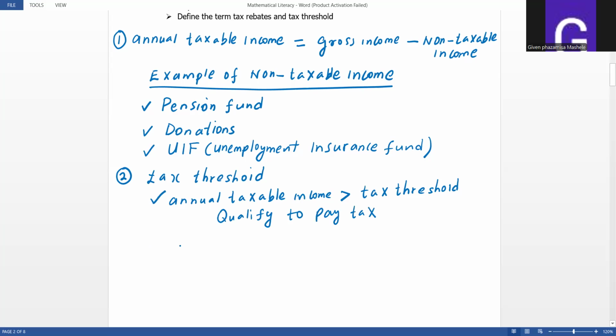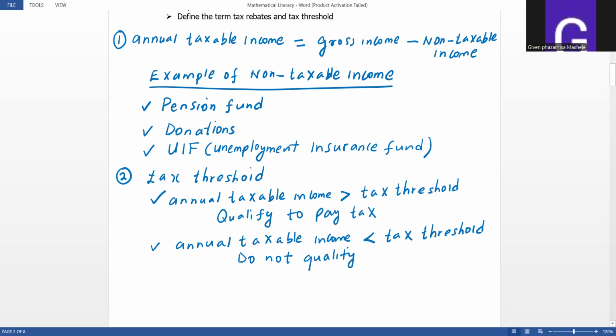But if the annual taxable income is below the tax threshold, or less than the tax threshold, then this person does not qualify to pay tax.